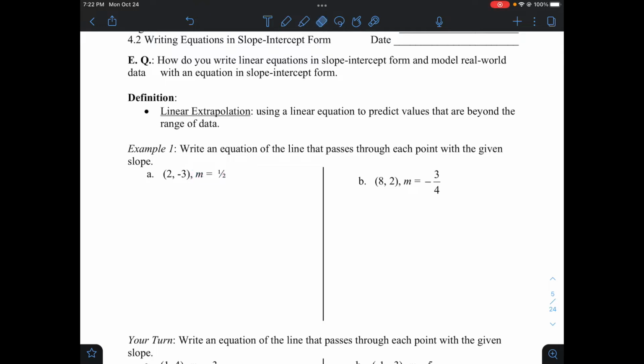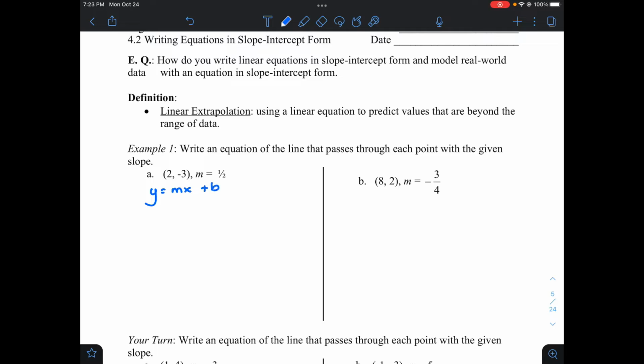So for the first example, let's go ahead and get started, and then we'll come back to linear extrapolation then. So it says write an equation of the line that passes through each point with the given slope. So there is a point slope formula, and we will get to that at some point, just not today. So we're going to keep using our y equals mx plus b.